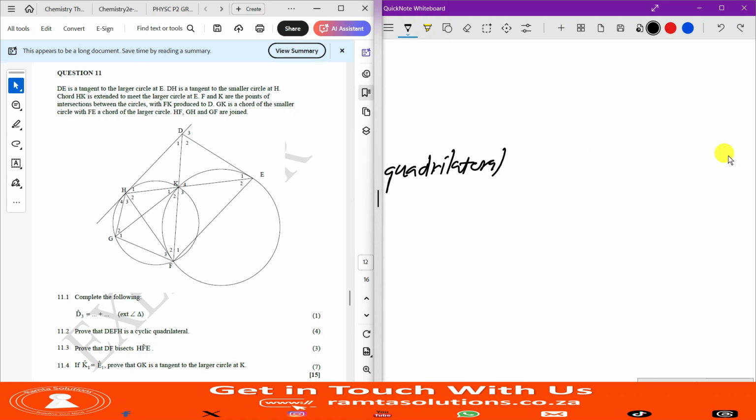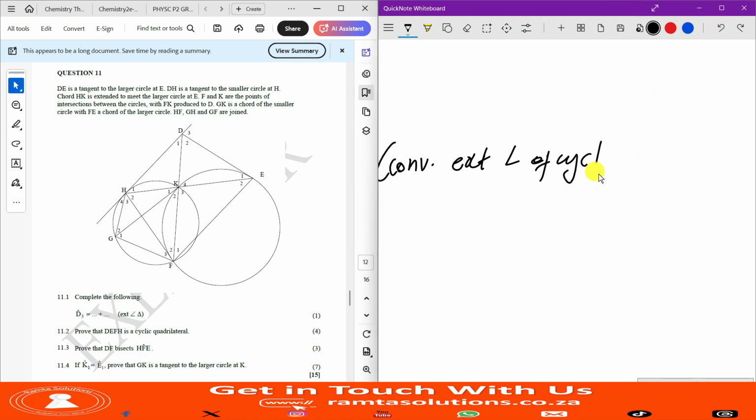But why? Because of the converse of exterior angle of cyclic quad. So why are we using converse?